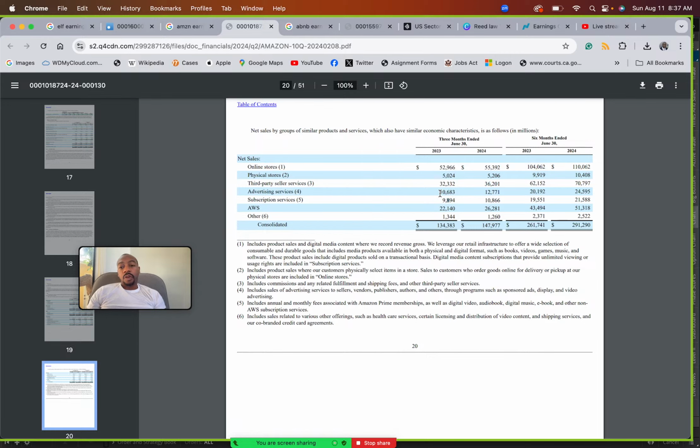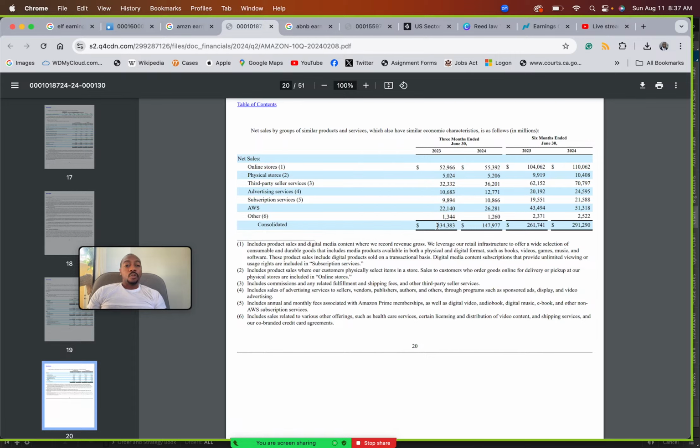Advertising revenue, so if you see those sponsored ads on your Amazon shopping page, 10.6 billion last quarter, 12.7 billion this quarter, right? Subscription services, so paying for Amazon Prime, 9.8 billion to 10.8 billion. AWS, the cloud, which is its crown jewel, 22.1 billion, still growing, 26.2 billion, right? And then other, I don't even know what's in there.